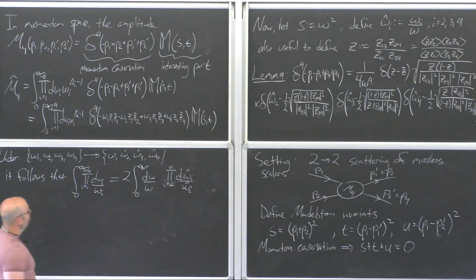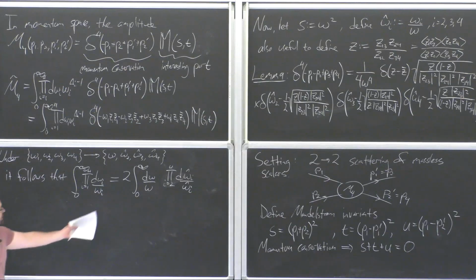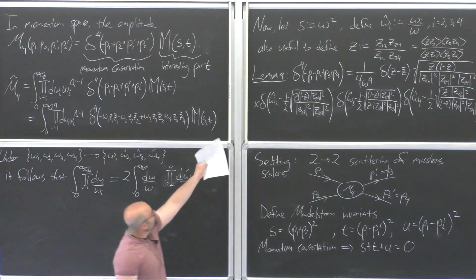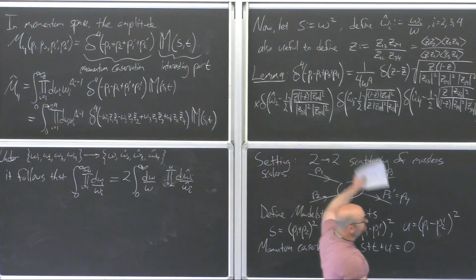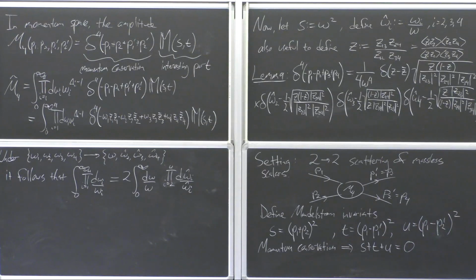So the measure pretty much stays the same. We kick out this factor of 2, which isn't surprising because S went like omega squared.